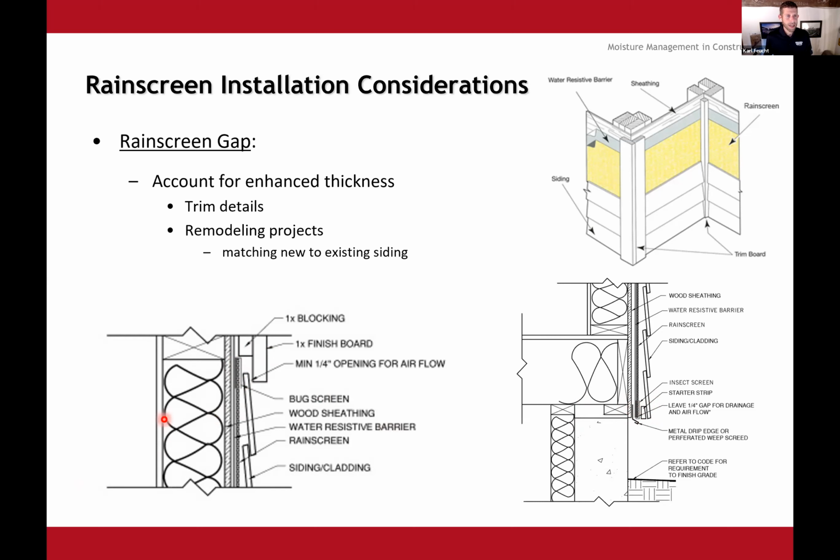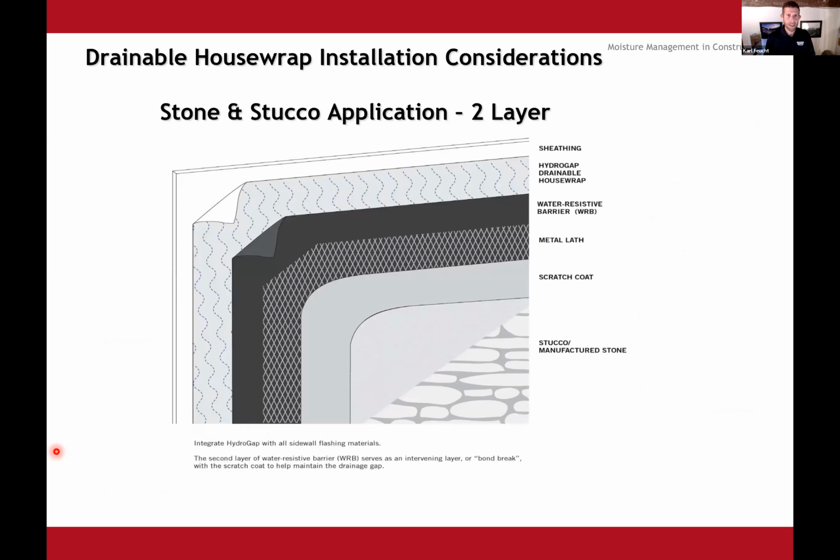So water gets behind there, you've got a rain screen, you think you're all good, but if you don't have that opening at the top and the bottom of the wall, water's not going to get out. And the top of the wall is important. If you imagine sticking your thumb over a straw that's in a cup of water, right? You stick your thumb over the straw, then you lift the straw out, that water stays in, right? So we've got to have that opening both top and bottom, super important.